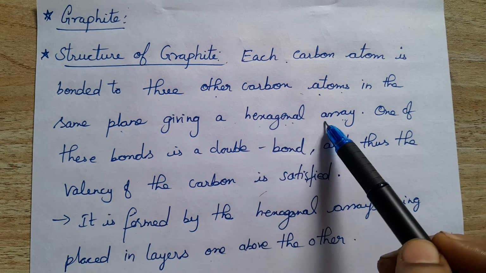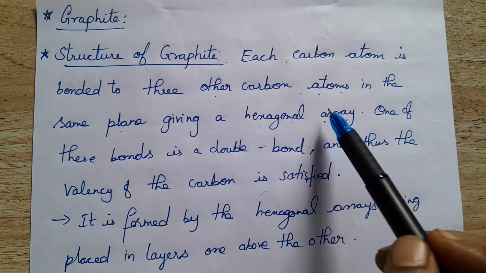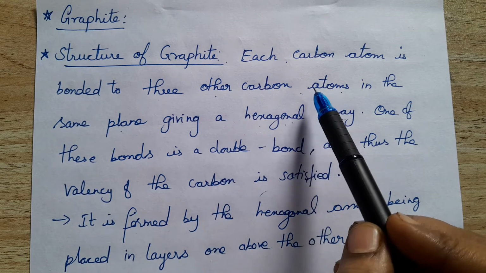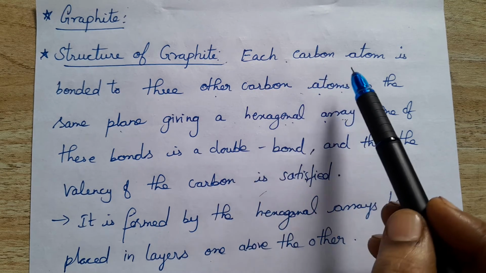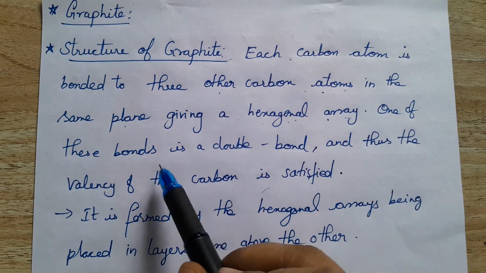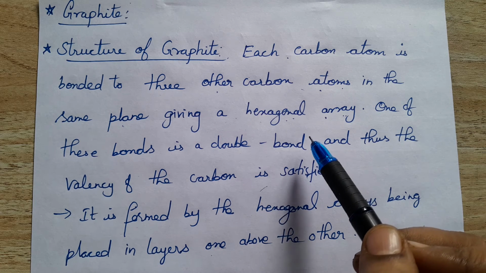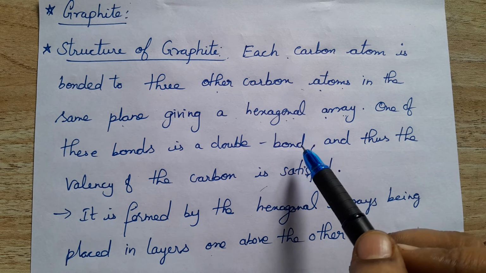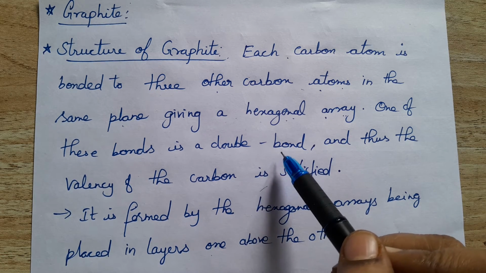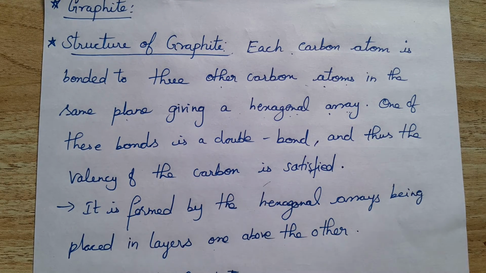It forms the shape of a hexagon. It is connected to three carbon atoms, but the valency of carbon is 4, right? So what happens to the other one? One of these bonds is a double bond, so all the 4 are satisfied, and thus the valency of the carbon is satisfied.